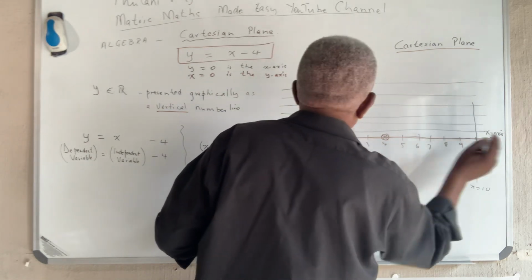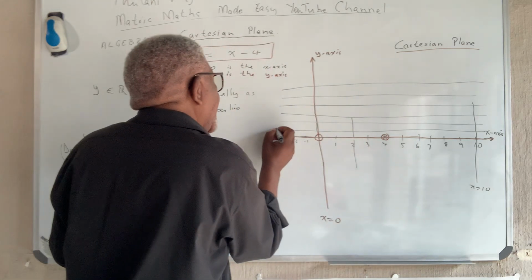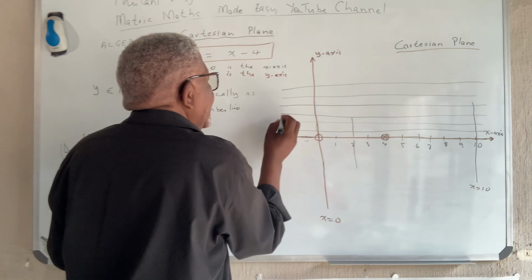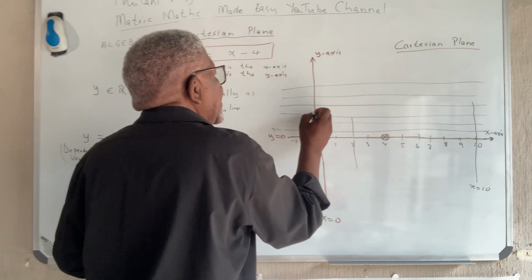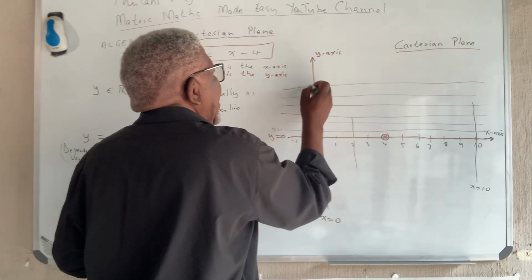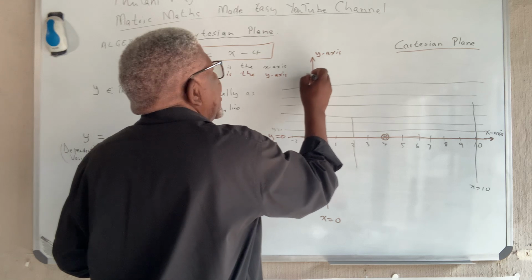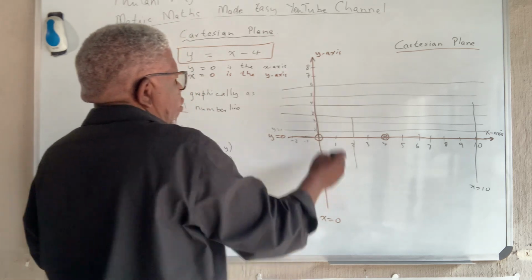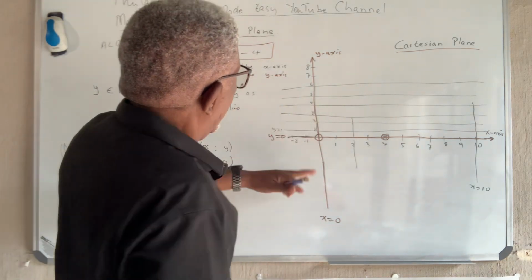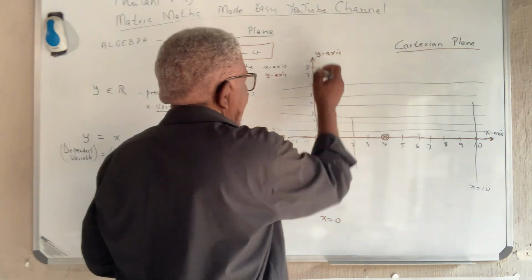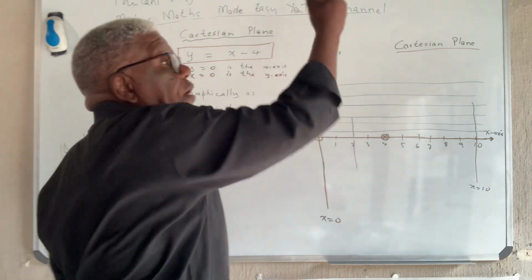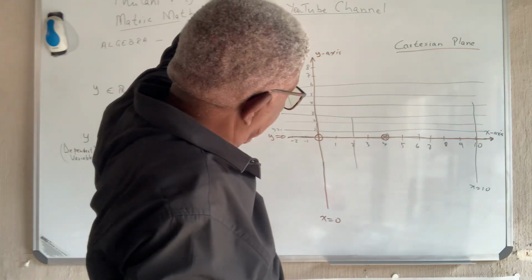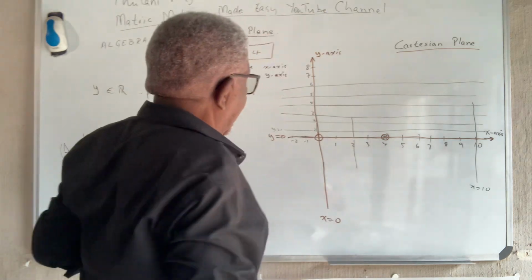It doesn't have to be the same scale. These lines are parallel. So here, y equals 1. This is 2, this is 3, 4, 5, 6, 7, 8. So we've got values from 1 to 8 of y, but the y values go up to infinity, to a number that we cannot explain anymore.